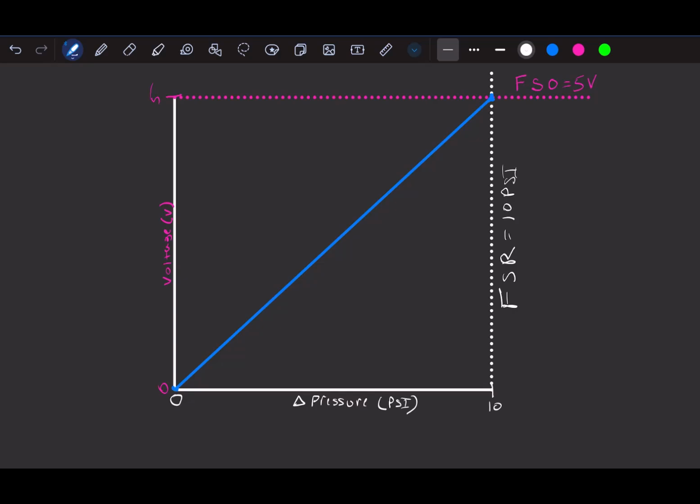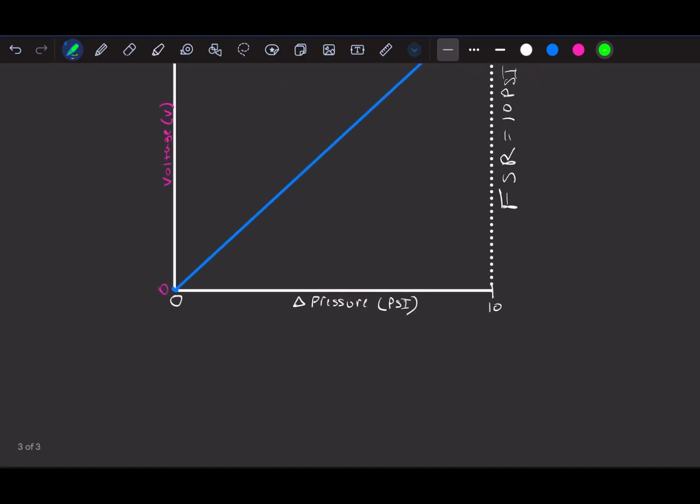And while we're talking about some important things that we could show on a plot, we don't have to show any of these, but we can also find this distance, 0 to 10, and we call this our range. Since this is our input range, we express this as a range, so 0 to 10 psi.